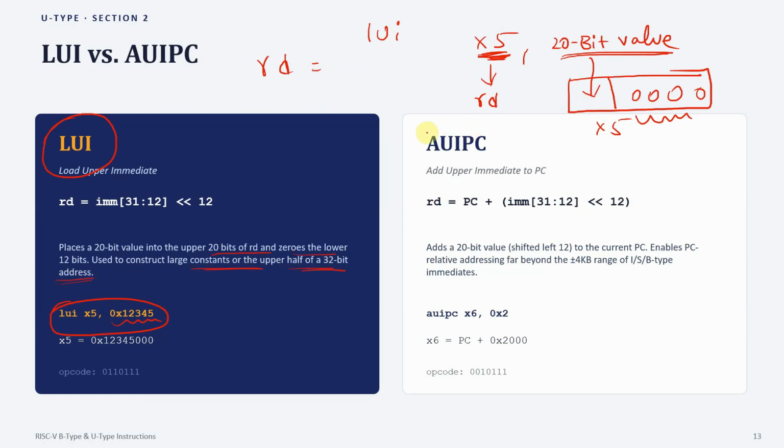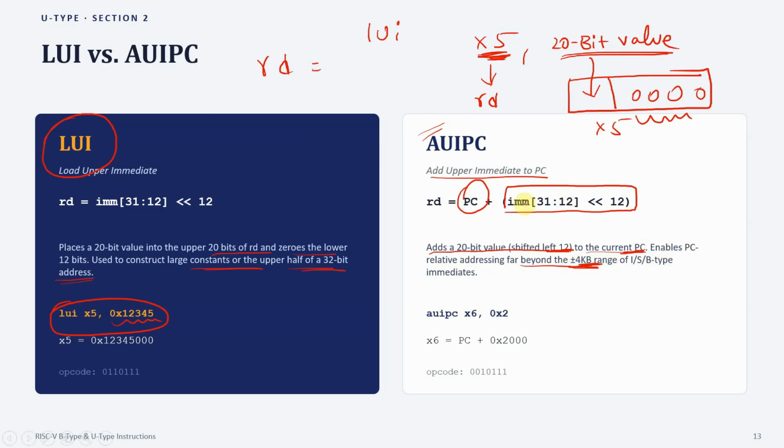Coming to AUIPC, add upper immediate to the PC, where I'm going to add the program counter with a 32-bit immediate value. Basically it adds a 20-bit value shifted left by 12 bits to the current PC, and it enables PC-relative addressing far beyond the plus or minus 4 kilobyte range.